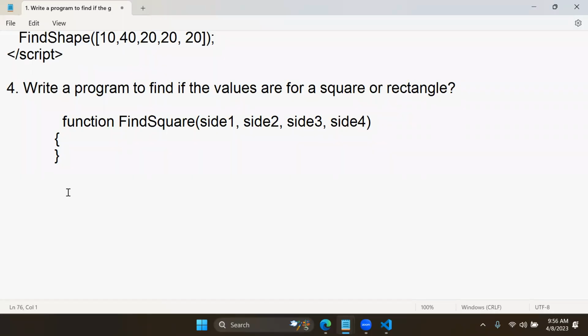Comparison means what? Double equal or triple equal, right? So first you have to compare side 1 with side 2, then side 2 with side 3 and side 3 with side 4.